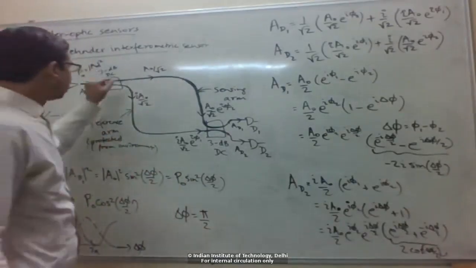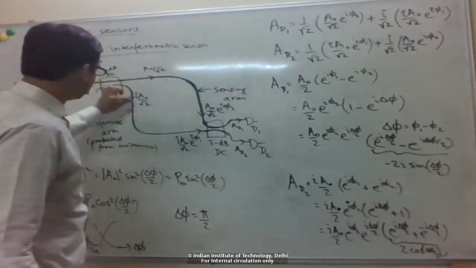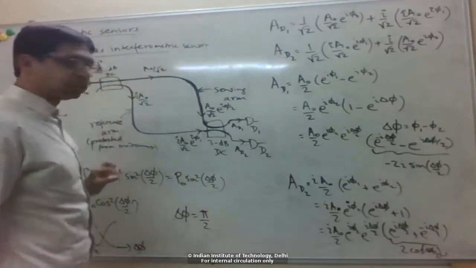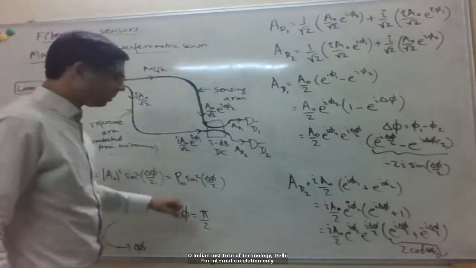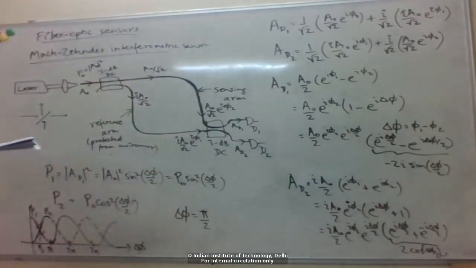For example, you can do that by having slightly different fiber lengths in these two arms, such that the phase difference is pi by 2. Or it could be any m pi plus pi by 2 also. It could be anywhere.